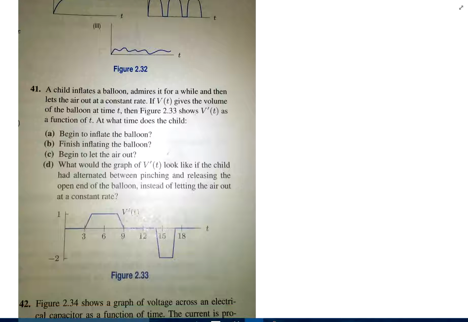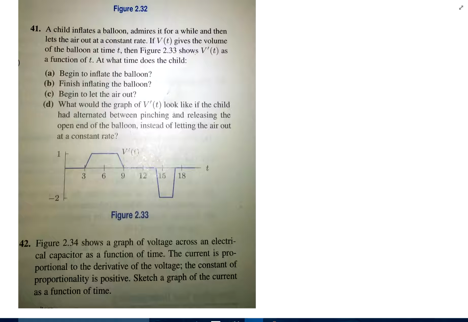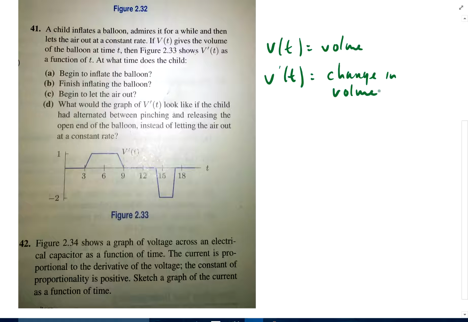Okay, 41. A child inflates a balloon, admires it for a while, and then lets the air out at a constant rate. V of t is the volume. V prime of t is the change in volume, or the rate of change in the volume of the balloon.